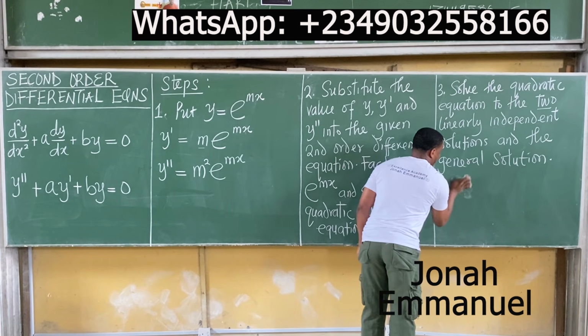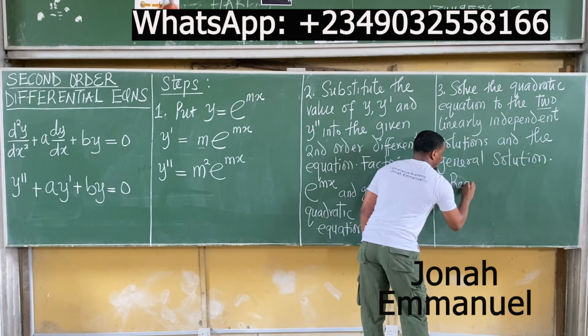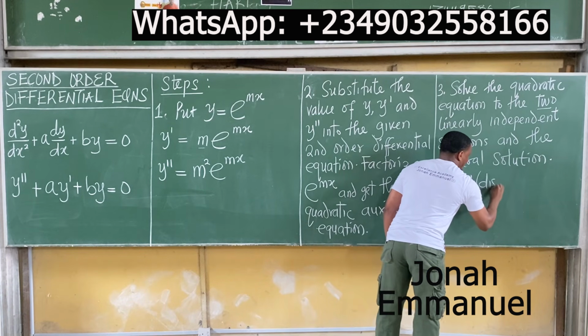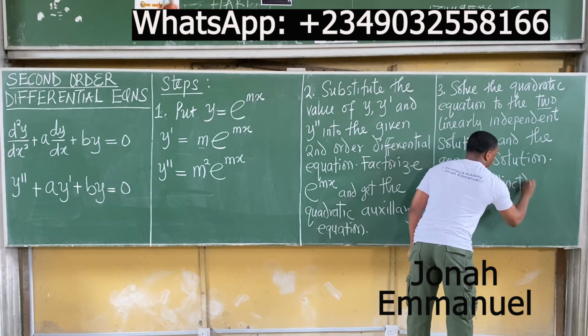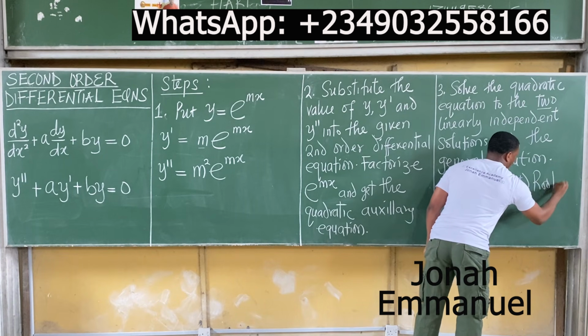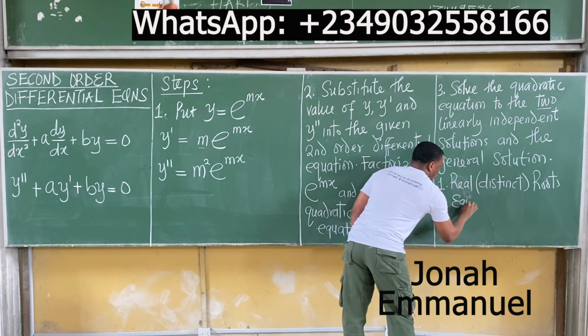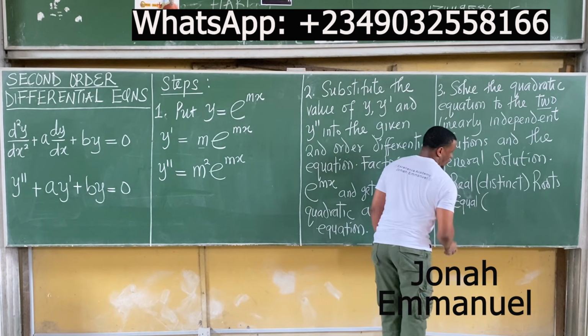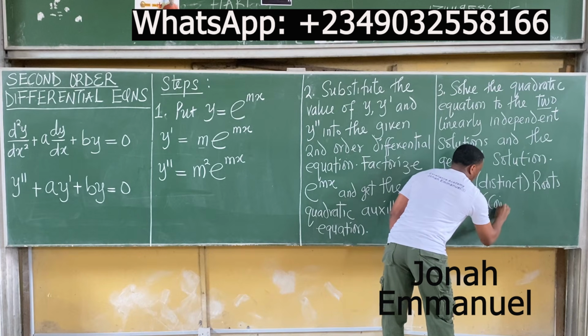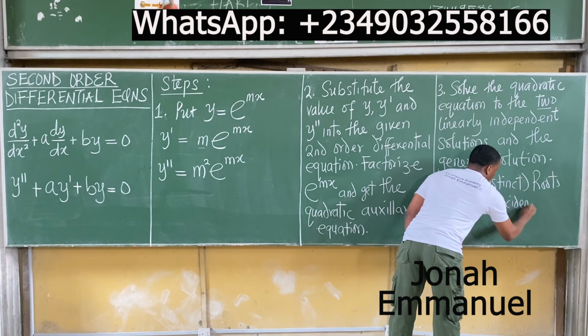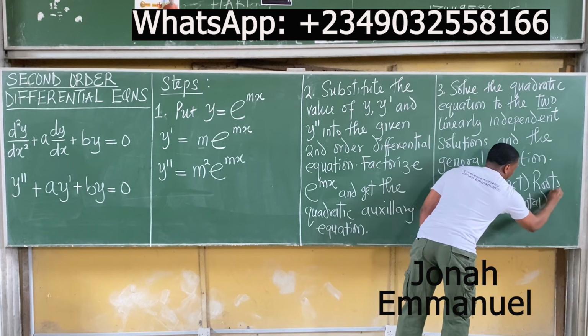The first type of root is called real, also called distinct roots. The second one is called equal or coincidental roots.